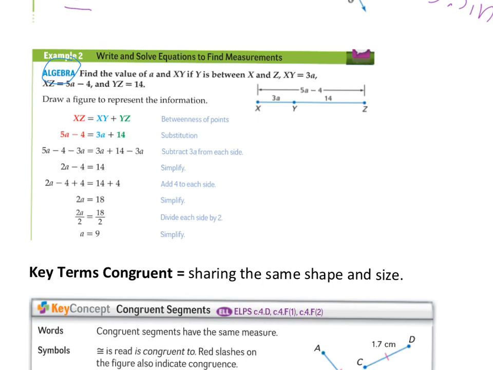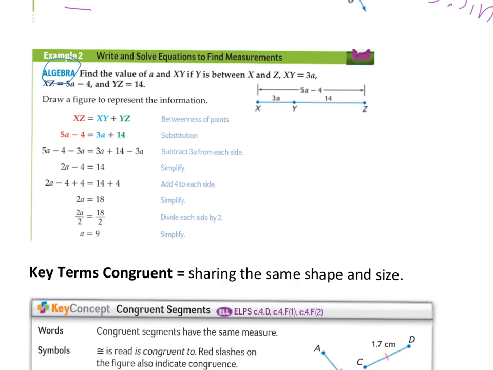We want to find the value of a and xy if y is between x and z, and xy is equal to 3a, xz is equal to 5a minus 4, and yz is equal to 14.